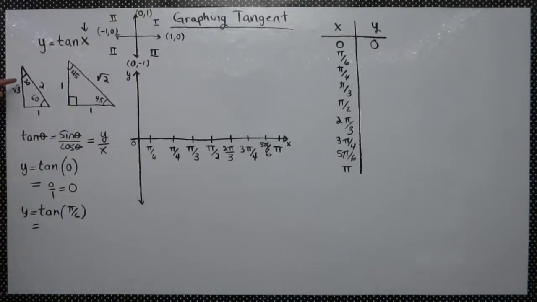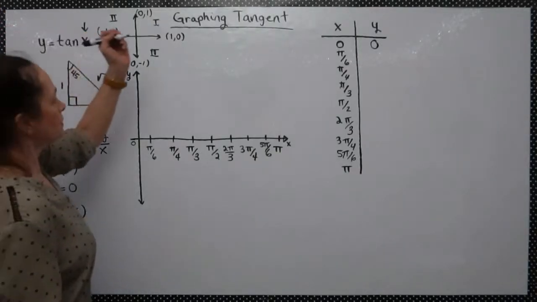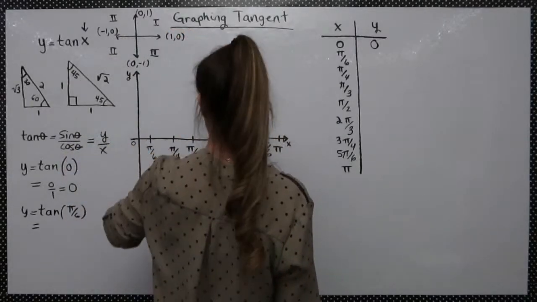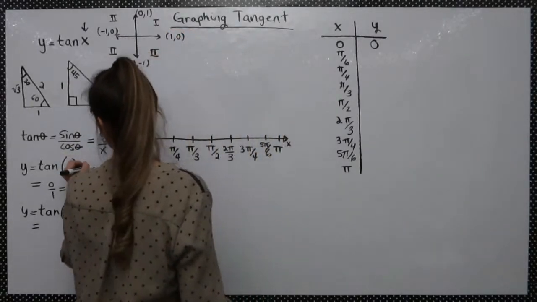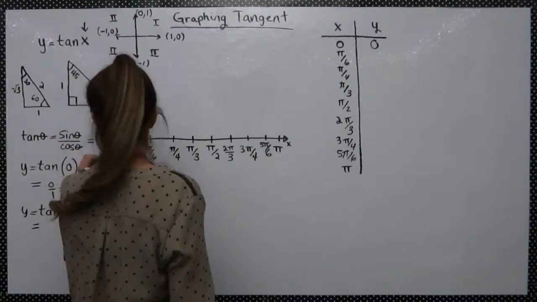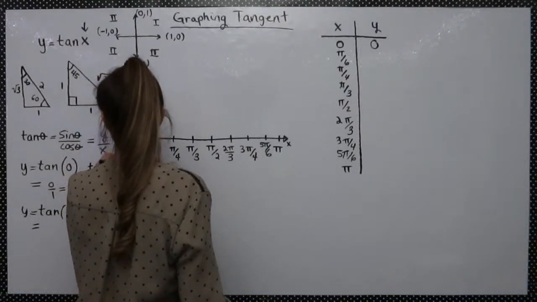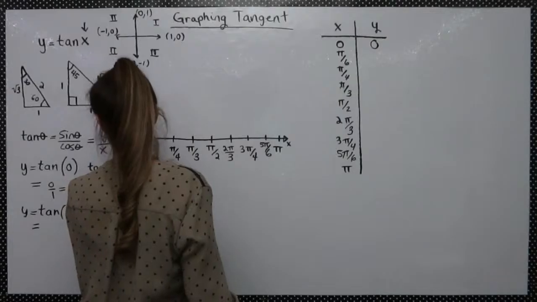So in order to calculate the tangent, you use your special triangle, 30 degrees. And tangent is, by definition, opposite over adjacent. So maybe I need to put that in there somewhere. Here, we'll put it up here. No, I don't want to mess up my graph. So we'll just say tan theta is opposite over adjacent.